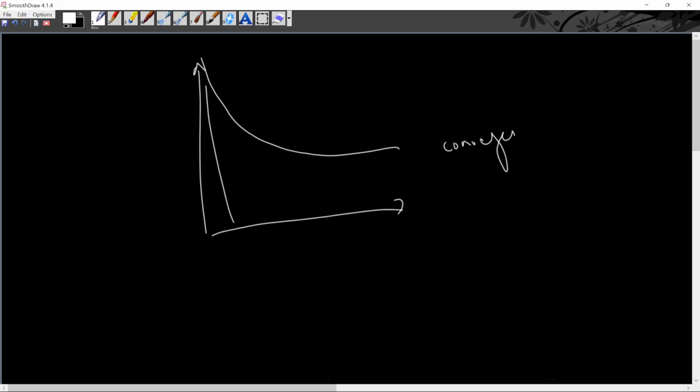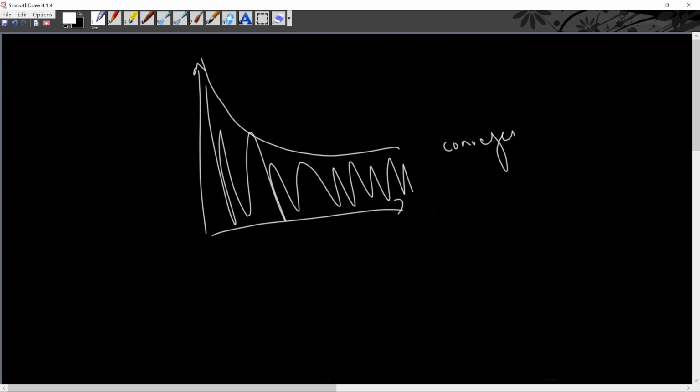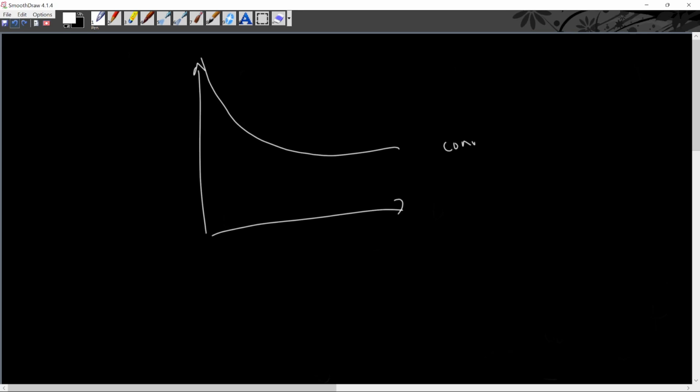The area under the curve, or the integral from k to infinity, where we will say that k is equal to 1. Let's say that in our formal definition we said we are going from k to infinity.